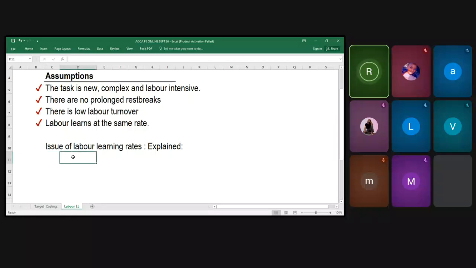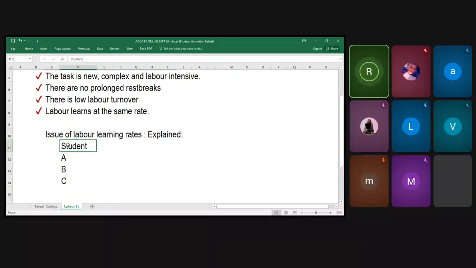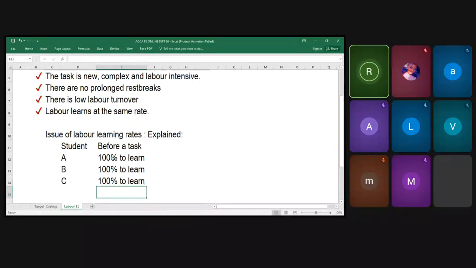I'm going to have three students, student A, student B, student C. Before a task, you have 100% to learn. Everyone, before you study a paper, you have 100% of things to learn.